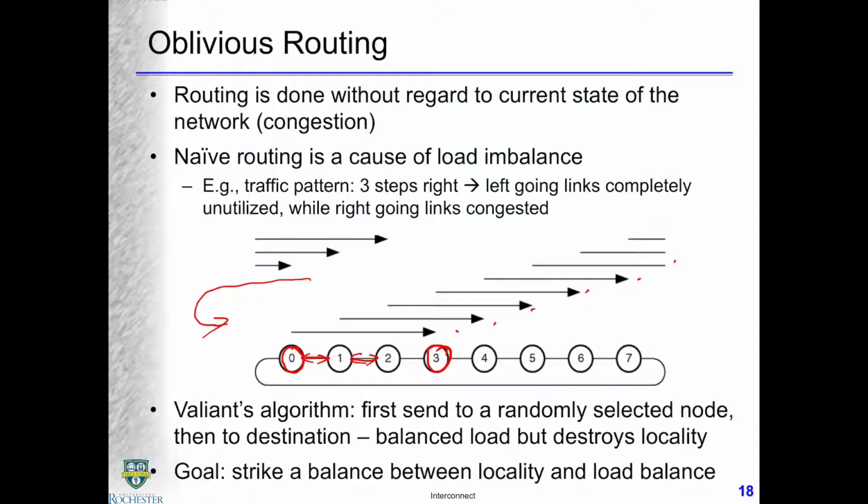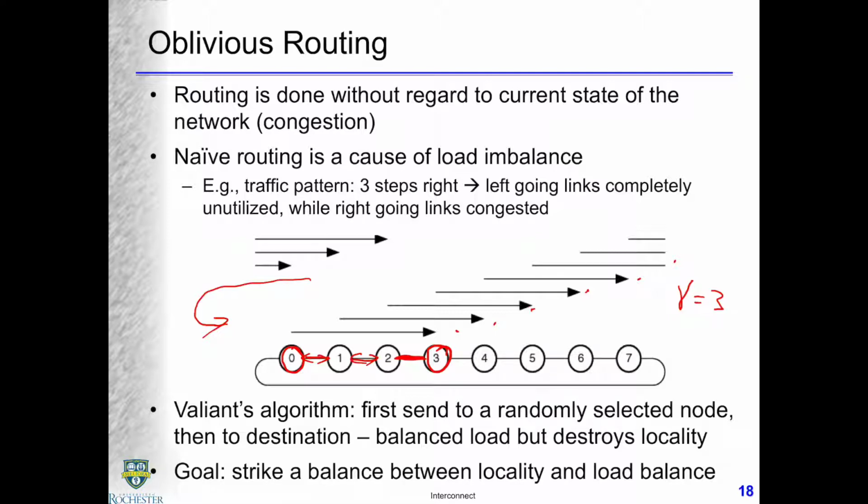As you can see, in this case the pattern is so simple, then the channel load, if you remember the notion gamma, is 3 for all of the right-going or clockwise channels, and 0 for the counterclockwise channel.